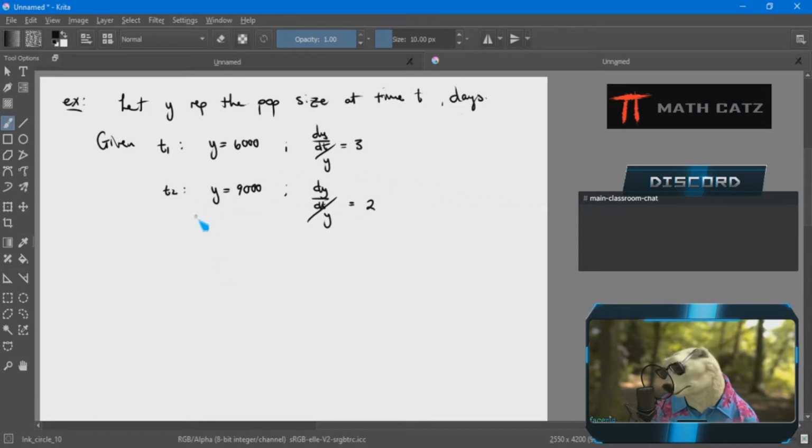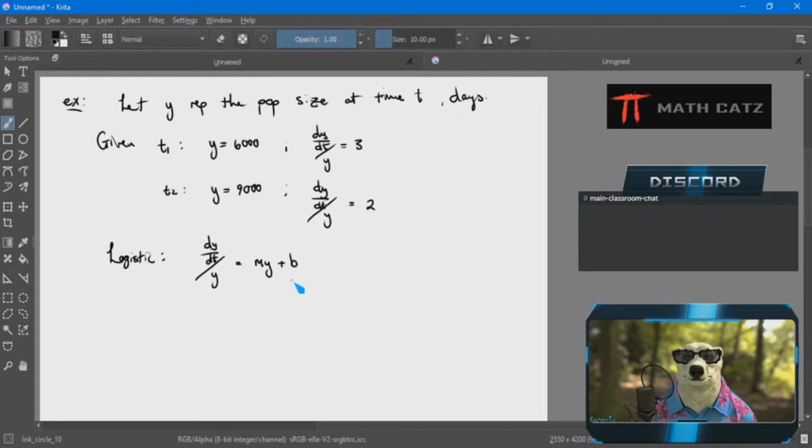Okay. Now, for the logistic model, our per capita growth rate is going to be linear. So we have to find the slope, m, and the b value.